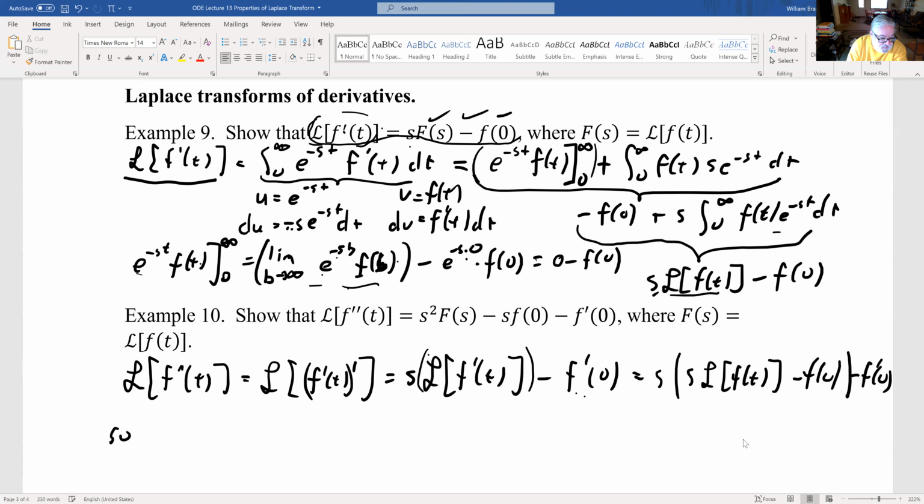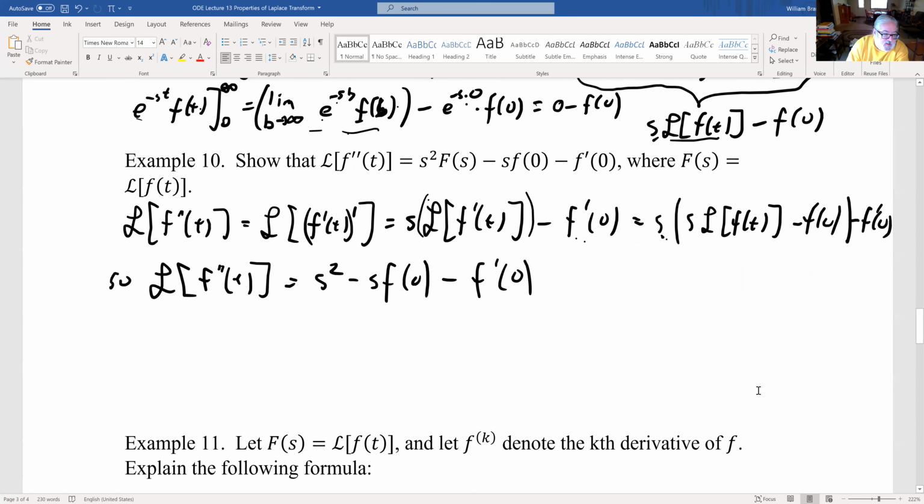So the Laplace transform of the second derivative is s squared, because we have to distribute this s here, minus s f of 0 minus f prime at 0.